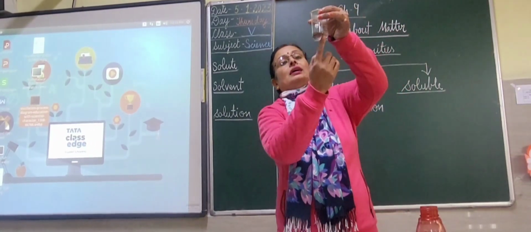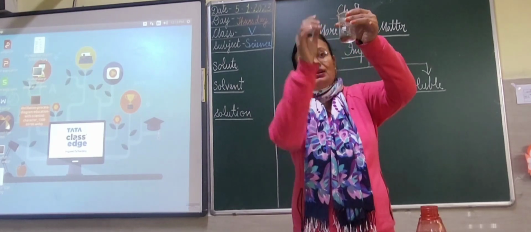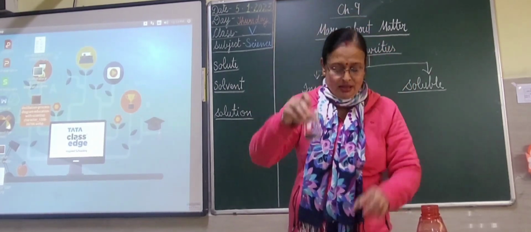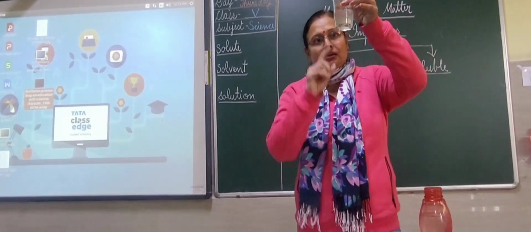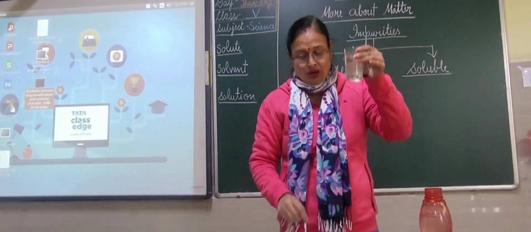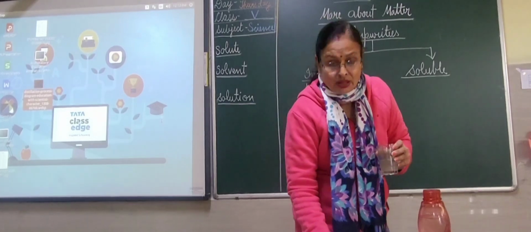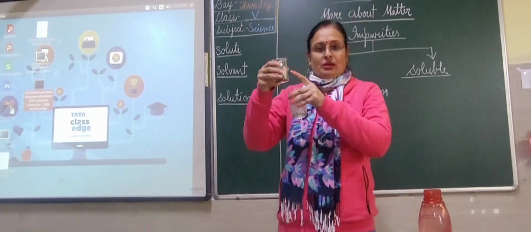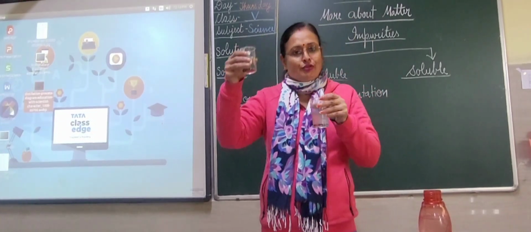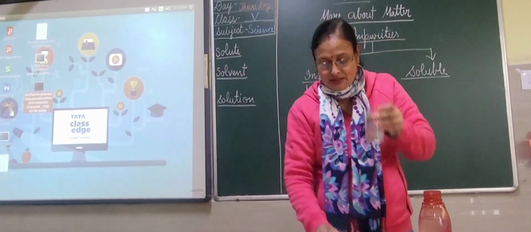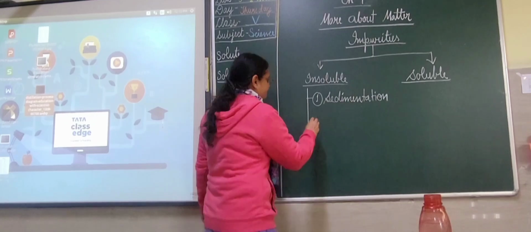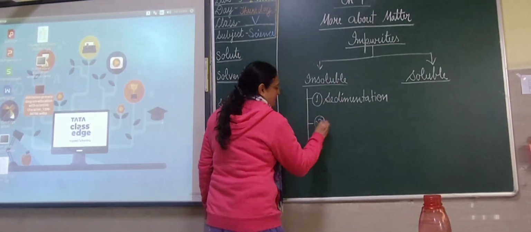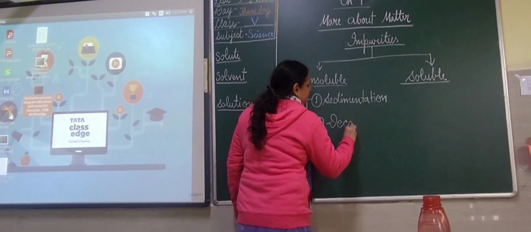You can see this is the sediment part which is left in this flask, and the upper solvent is present in this glass. This is known as decantation. The separation of pure liquid from the previous flask to the next flask is known as decantation. Second step is decantation.